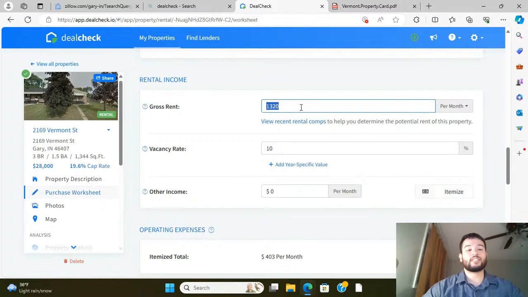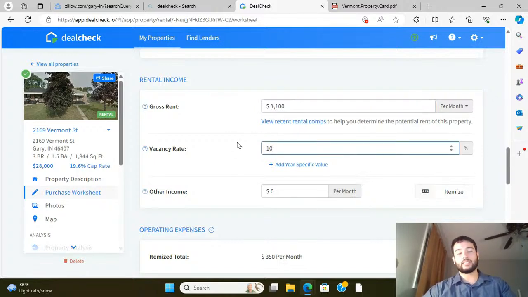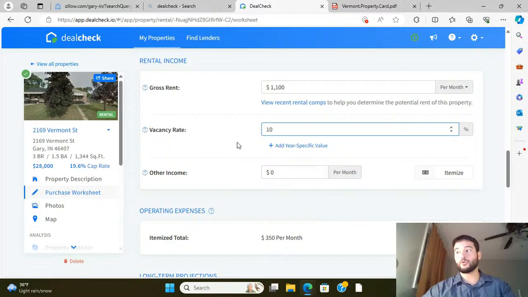If you go on Section 8, you can get a crazy number. But let's just say out in the wild, just traditional renting, you're probably looking at 1,100. So let's say 1,100 to be safe, maybe even 1,000, but I'd say probably 1,100 for a 2-bedroom.